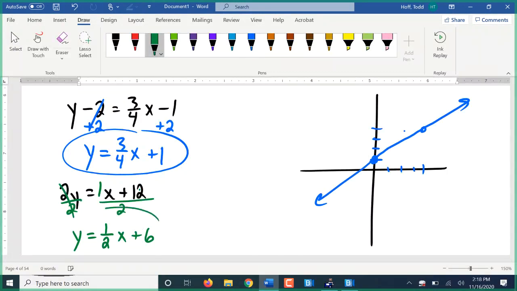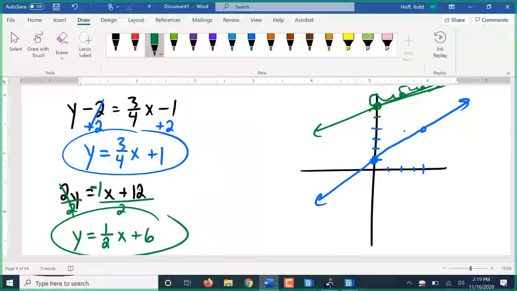For the second one down here, I start at 6. I screwed up again, but that's okay. I meant to have a negative x there, but that's okay. So we rise 1, we run 2. Rise 1, we run 2. And these points don't come together on our graph here.